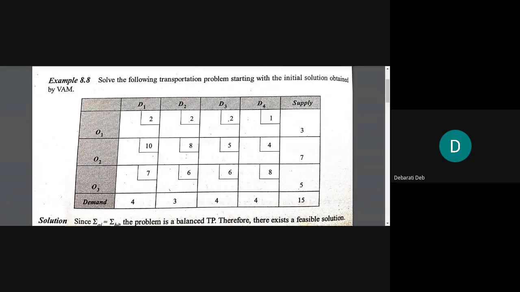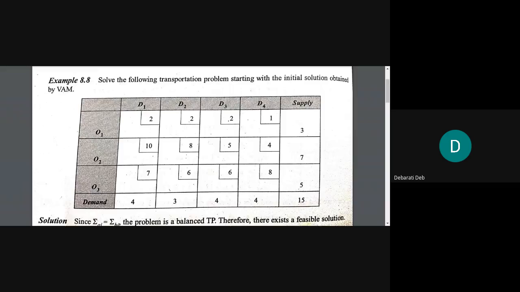Wake up now. All right, so this solving of the transportation problem, I will not discuss because more or less all of you have understood. Solving by VAM, you have understood. So that I will not explain. I will start from the derivation of the initial basic feasible solution.